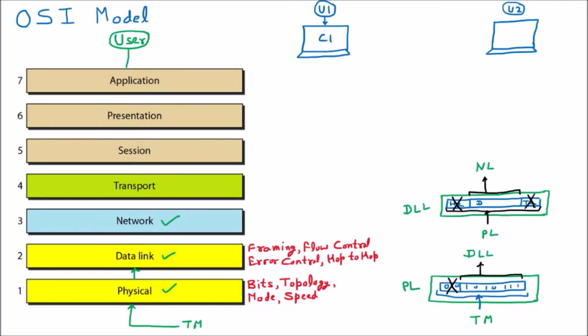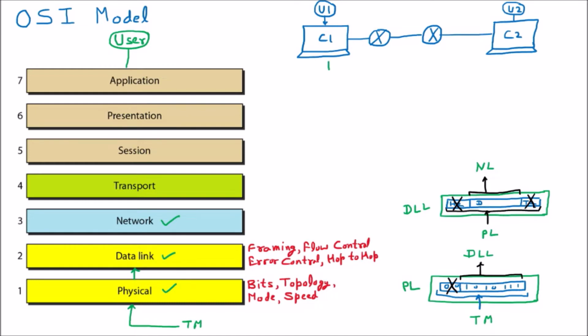This is C1, this is C2. In between these two computers, there are many devices, like the router or maybe the bridges, but I am taking the example of the router. So these are the devices in between.